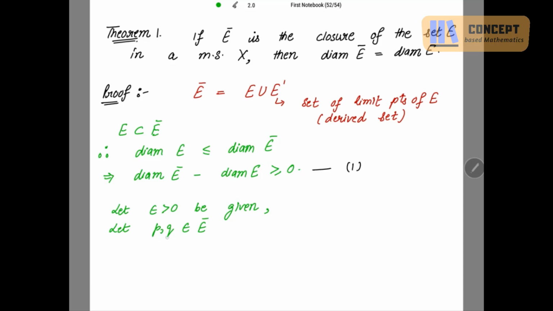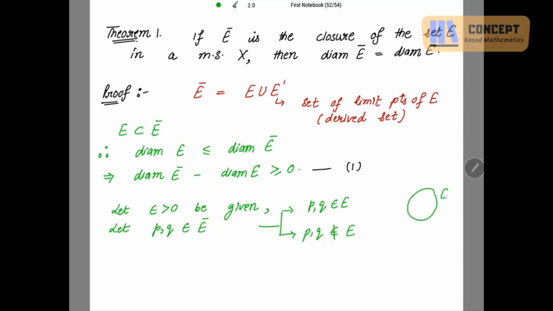Now whenever P and Q belong to E bar, what does this mean? Either P and Q belong to E, or P and Q do not belong to E, because E is contained in E bar.